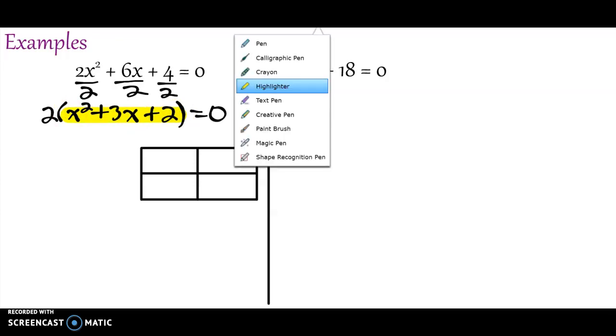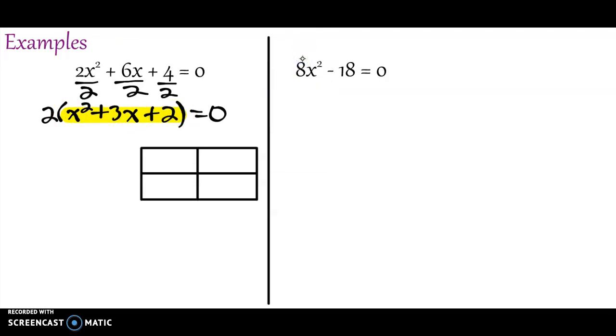We're going to use the ABC method. So what is our A term in this case? Our A term is 1. There's an invisible 1 there, so A equals 1, B equals 3, and C equals positive 2.